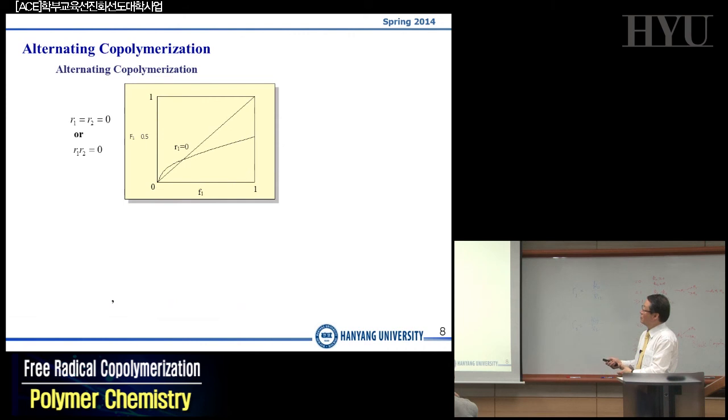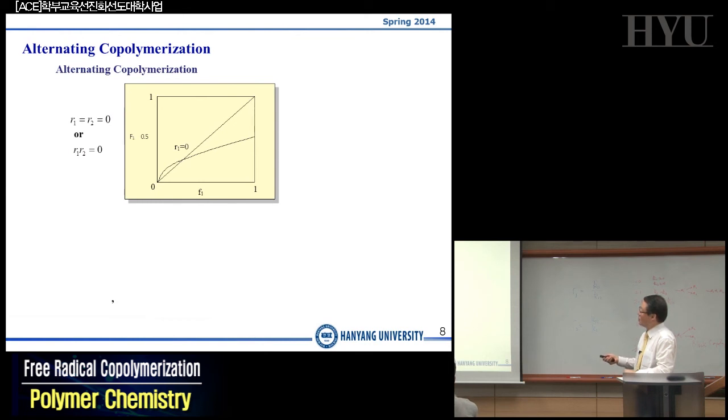Now, for example, if you have alternating copolymer systems, usually I told you that R1 and R2 might be equal to 0, right? When R1 is equal to 0, it will finally come up with the 0.5 point here.